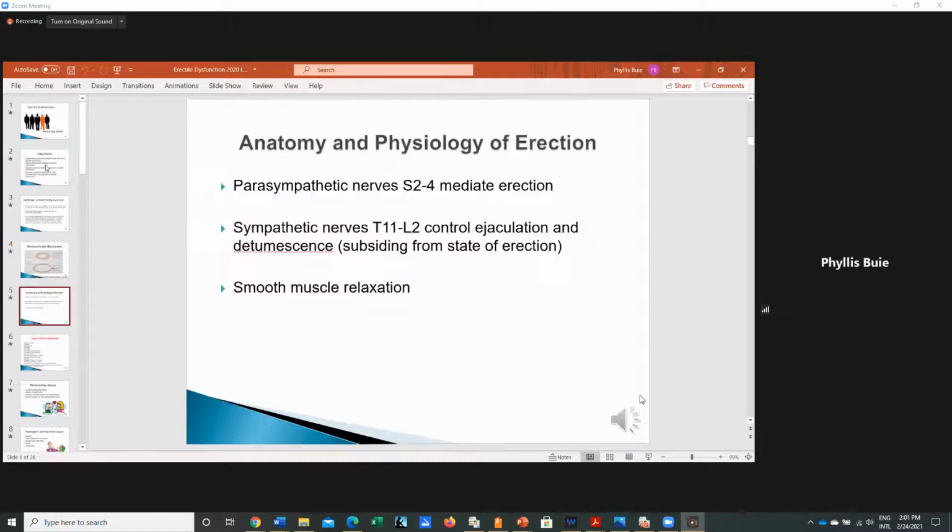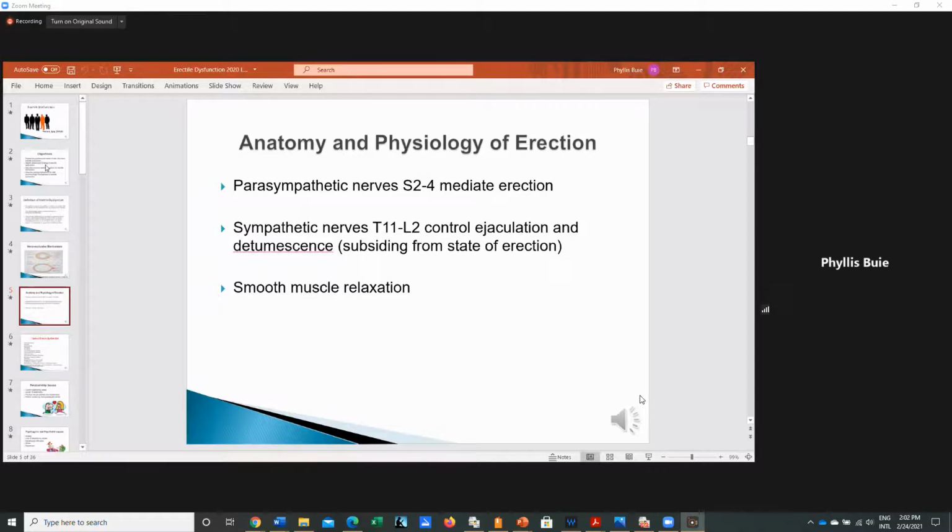more understandable. So basically, I'm not worried about you knowing about this on the test, but the nerves that are involved are the parasympathetic nerves, which is sacral 2 through 4, which helps to initiate the erection.